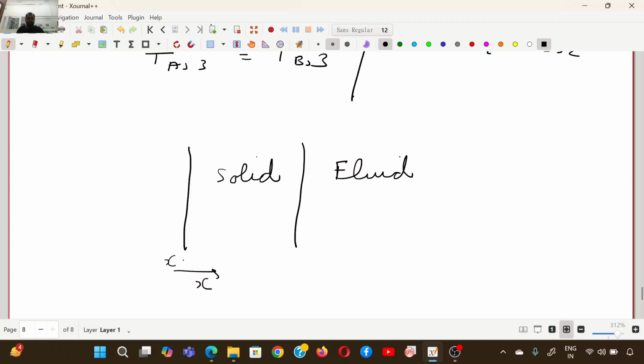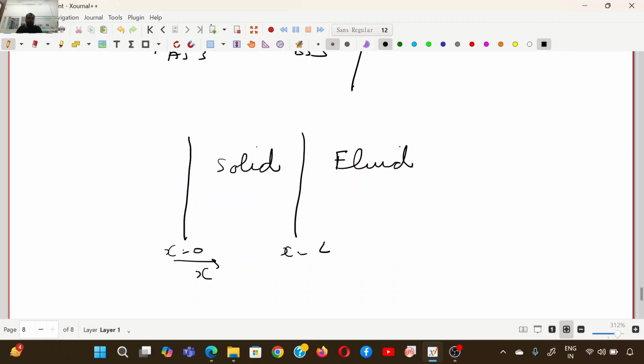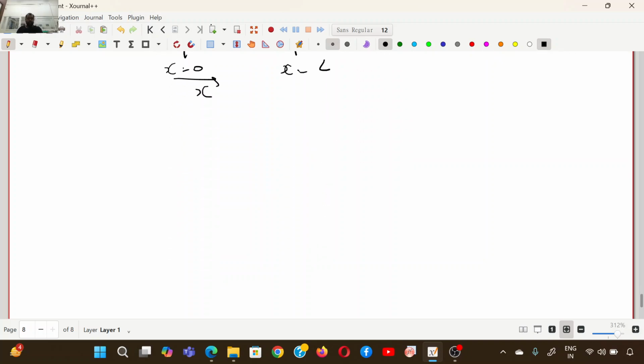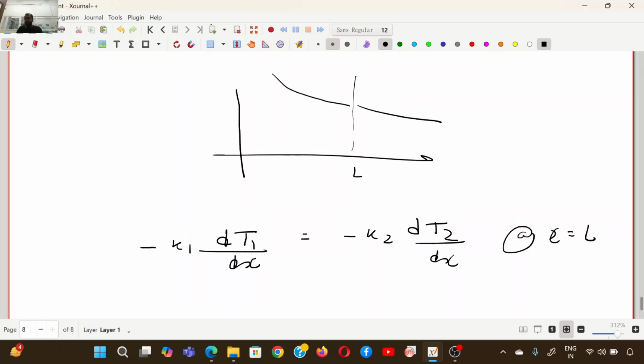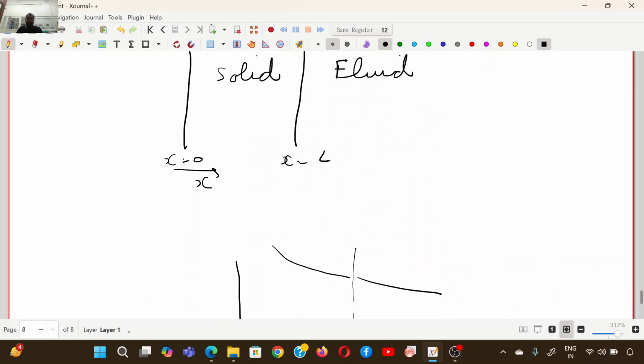So say this is x is equal to 0, this is x is equal to L. So from the first two boundary conditions, we see that our temperature profile will be something like this, and minus K1 dT1 by dx is equal to minus K2 dT2 by dx at x is equal to L. So this is at x is equal to L, the interface between the solid and the fluid.